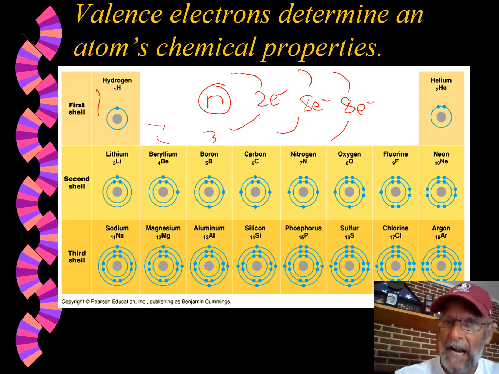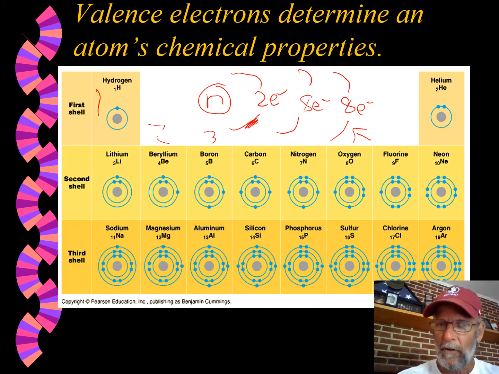And if in its outer shell, so in this, that would be this third shell, an atom has a full number of electrons, which is 8, except if the outer shell is this one, it would be 2, then that atom is said to be stable. It's non-reactive. It's not likely to bond with something else.